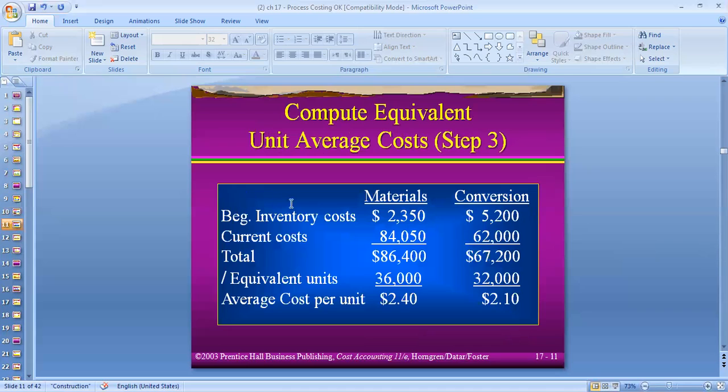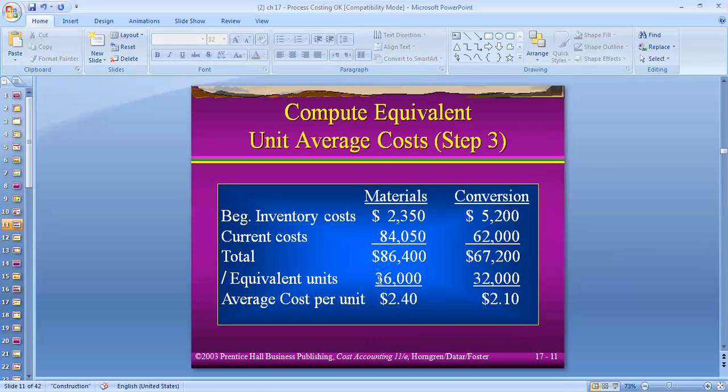I have beginning inventory cost 2,350 for material, 5,200 for conversion cost. And the current cost, the new cost of the period, 84,050, 62,000 conversion cost. So the total cost of material, 86,400, the total cost for conversion, 67,200.